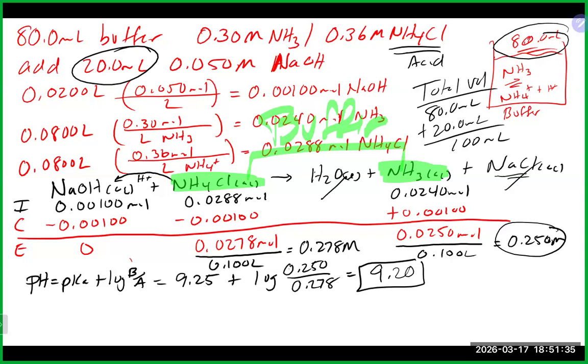Our pH of our buffer before we added anything was 9.17. I just added some base to it and it went up to 9.20. Again, our buffer worked pretty good. It didn't have a big change in pH in this case. It also went in the correct direction. I added sodium hydroxide, which is a base, which means my pH should go up a little bit.